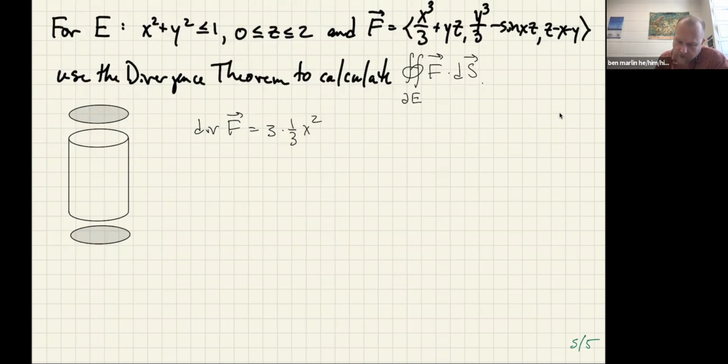Plus, for the Y coordinate, I've got that y cubed, and so I end up with 3 times 1/3 y squared.